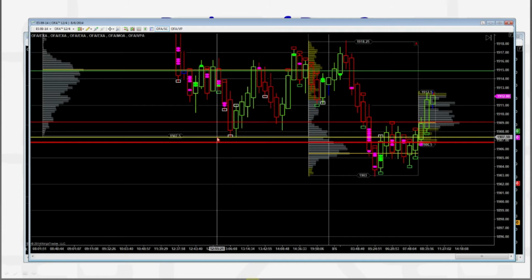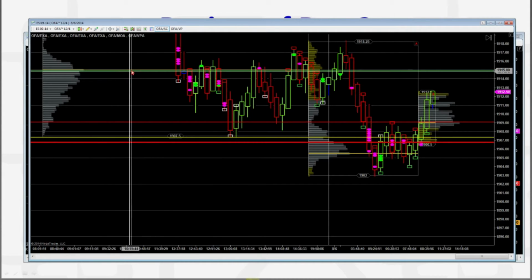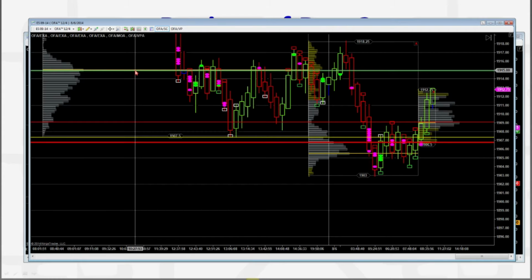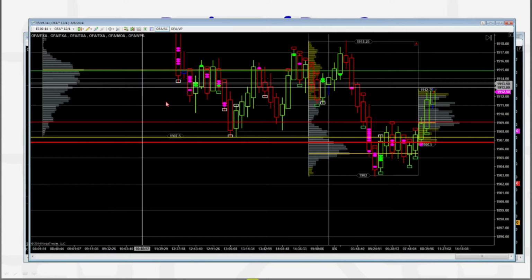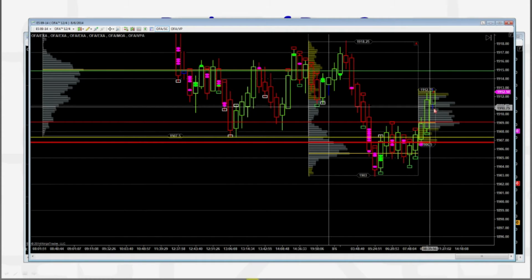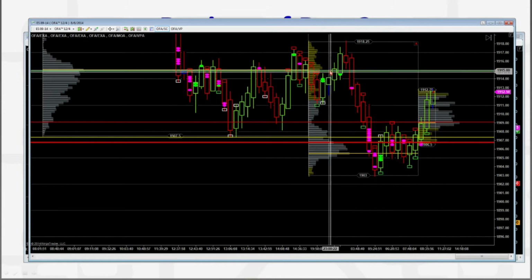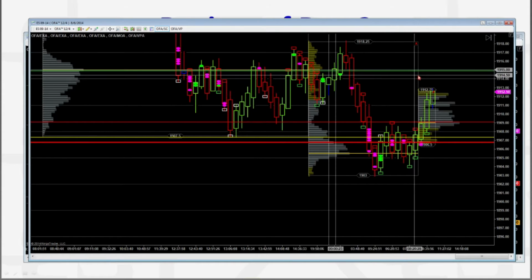This profile is nowhere near finished to the upside. I'm going to start looking initially for VPOC from yesterday, which was the most fair price. So my first target on that trade, 1910.75, is going to be right in front of VPOC.